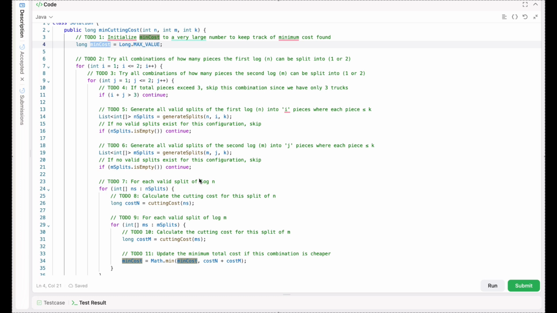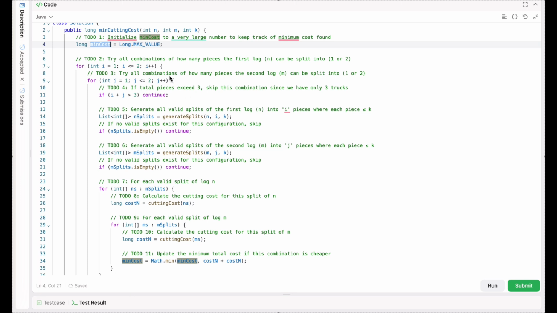Similarly, we'll go for each possible number of pieces for m, either 1 or 2, and then generate all the splits. We'll skip it if the total length is greater than 3. Otherwise, we'll calculate the cost of each pair and update our minimum cost if we find a smaller cost, and finally we'll return the minimum cost.